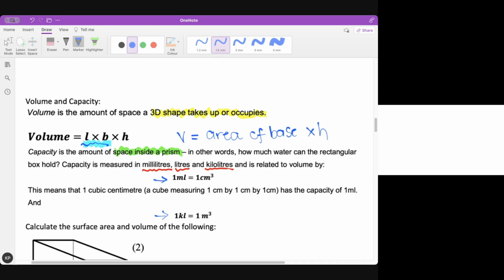But this is the easiest conversion I've ever seen in my life, guys, because 1 milliliter is equal to 1 centimeter cubed. So if I say to you, I have a box that is 250 centimeters cubed, how many milliliters is that? Let's see if you understand this.